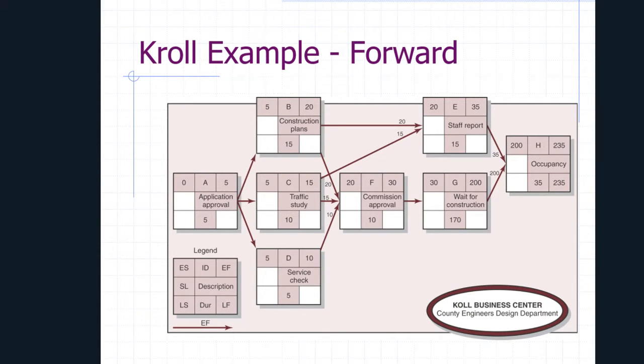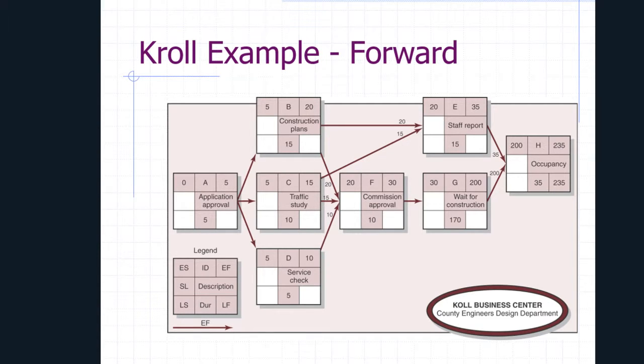So the way this works, if we take box A furthest to the left on the screen, that previously, if you remember, we only had the description and we had A and 5 in that box. Now what we've done is we've added a 0 into the first box, which is the early start box, the ES box.